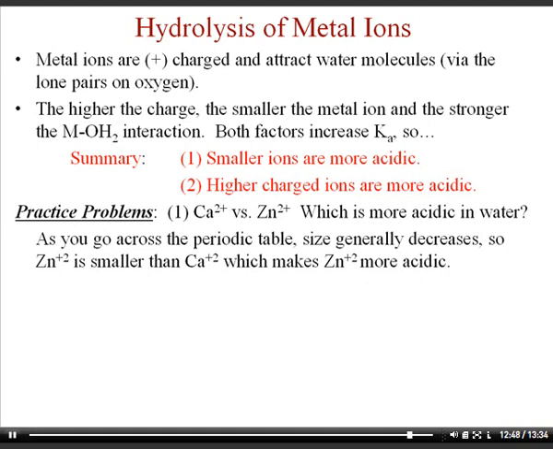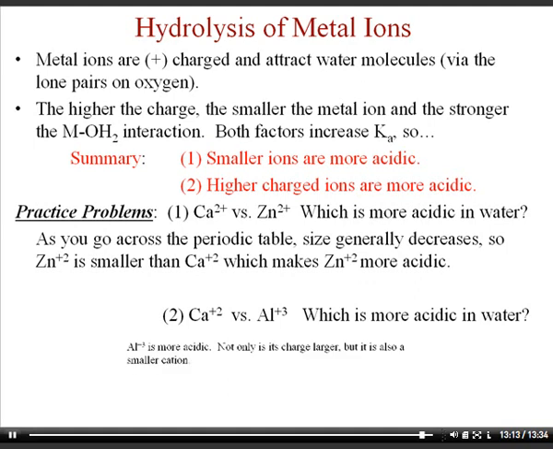Now we should know that calcium ions, when you put them in a solution, are technically neutral. They can't really form calcium hydroxide because it's classified as a strong base. But anyway, if you look at the second example, we have calcium ions versus aluminum ions. So which one's going to be more acidic? Again, if you look at the periodic table, aluminum is going to be smaller, which makes it more acidic, plus aluminum has a higher charge, so you have a smaller, higher charged ion that's going to be more acidic in water.